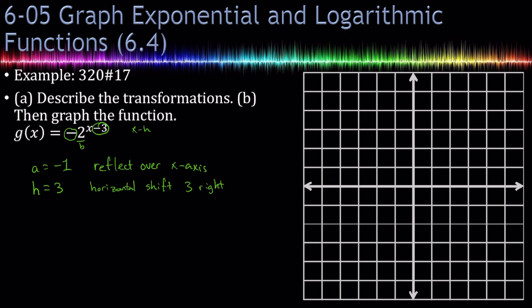All right, to graph the function, I have to know the asymptote. So the asymptote is y equals k. Hey, wait, what was k up here? Remember, it's y equals a, b to the x minus h, plus k. So what's added to the end? Nothing. Therefore, our asymptote is y equals 0, because k is 0.